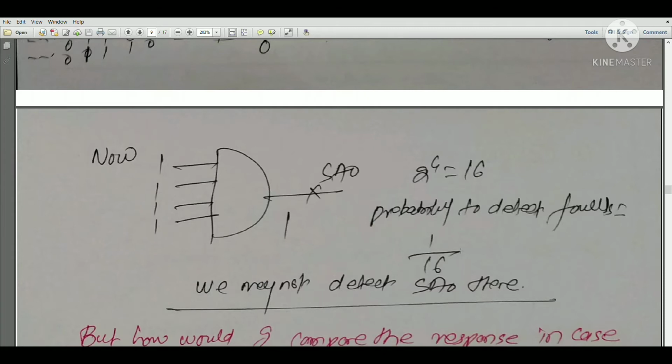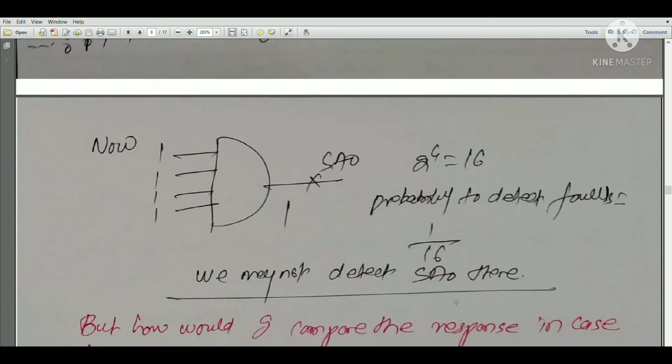So the probability to detect this fault is 1 upon 16. Very less possibility. So we may not even detect SA0 there. Because 16 cases are there, and in only one case this fulfills our need, and in all other 15 cases this particular logic is waste for us. So I can say that we may not even detect the SA0 there.